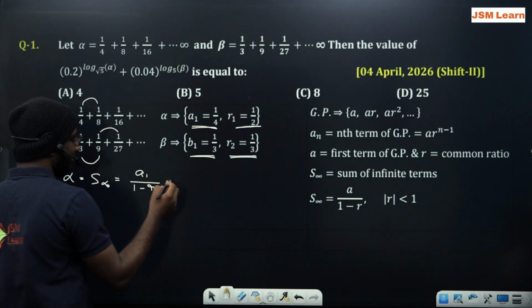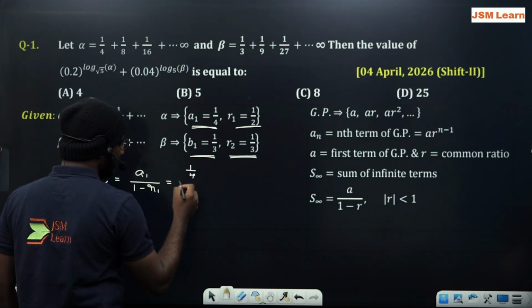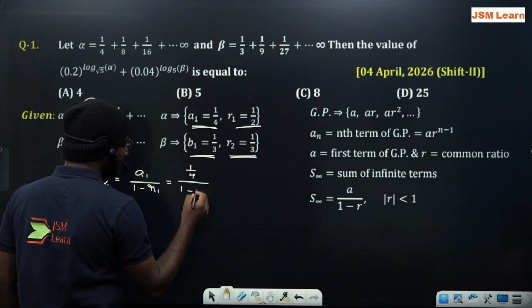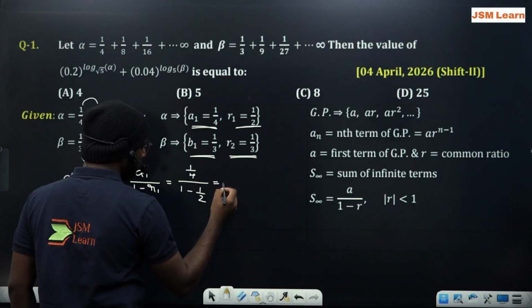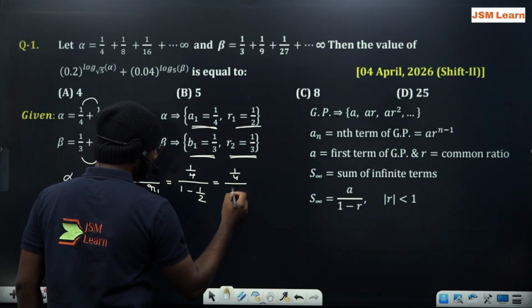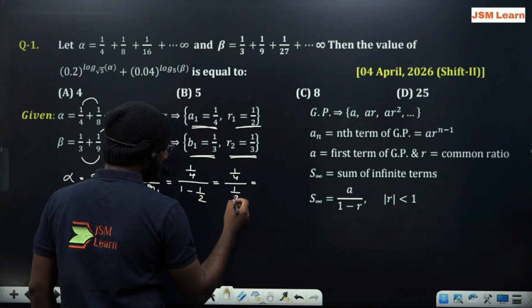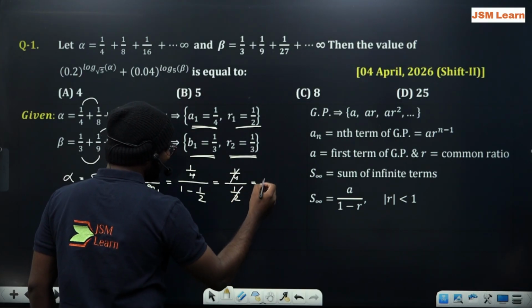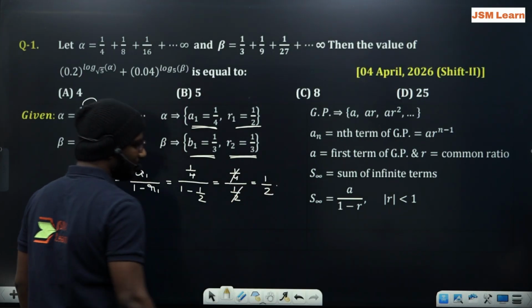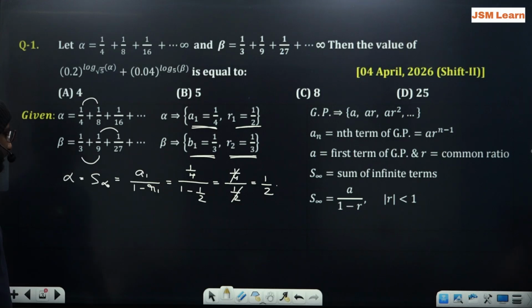Substituting A1 equals 1 by 4 and R1 equals 1 by 2, we get 1 minus 1 by 2 equals 1 by 2. On cancelling these two, we get 1 by 2 as our alpha value.